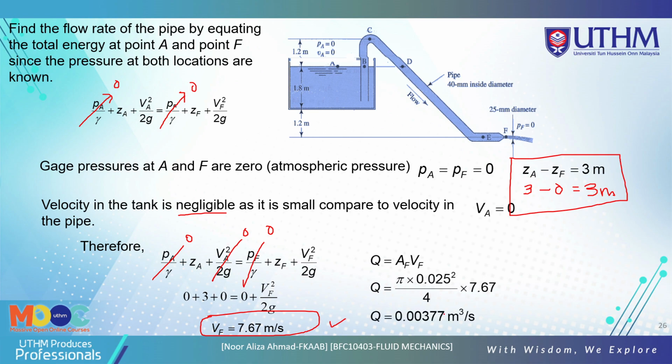So we get Q = 0.00377 m³/s, the discharge in this pipe, tank, and pipe.